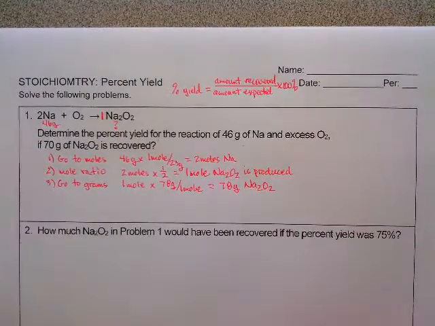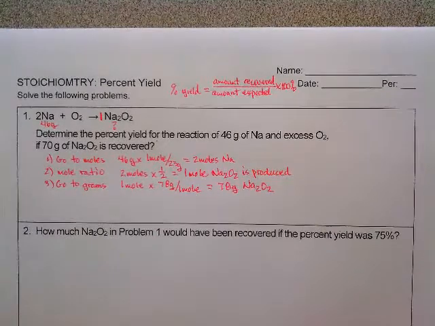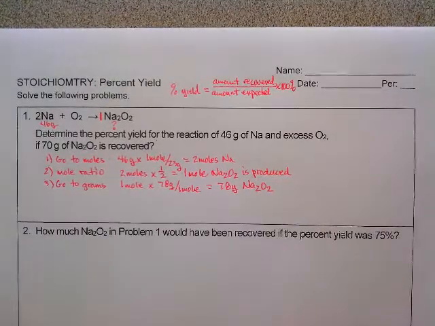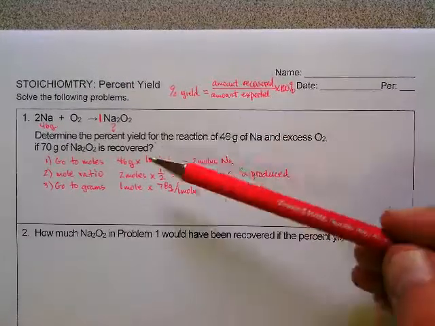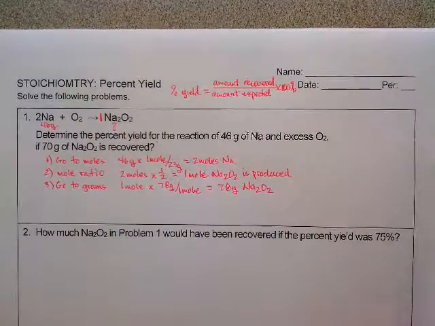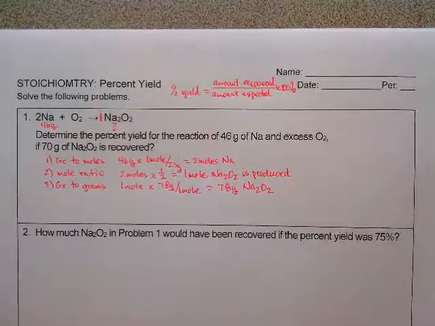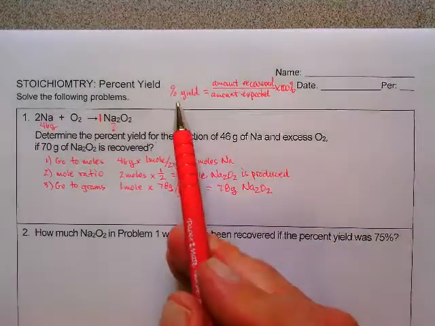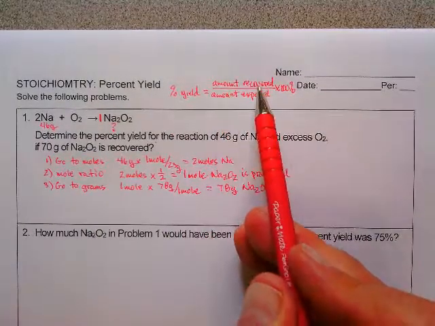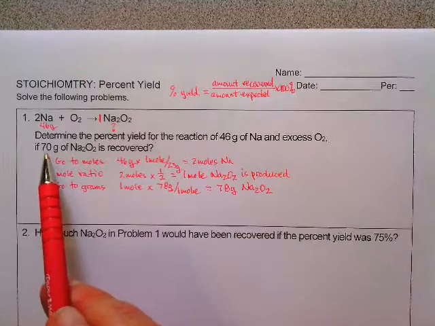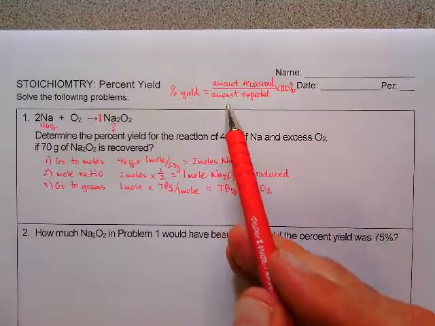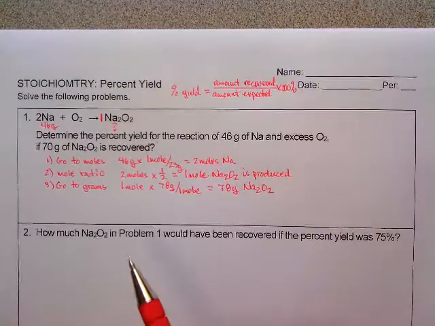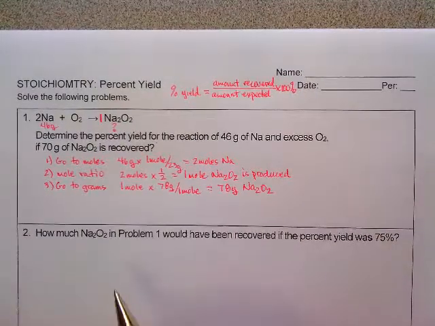Okay, so there's my 3 steps of stoichiometry. And then really what's going to happen now is I do the percent yield step. So note that it comes after the stoichiometry steps we have done in the past. And again, our percent yield is the amount recovered. Well, we only recovered 70. We didn't actually get all 78. We're going to divide by the 78 times 100, and that'll give us our percent yield.